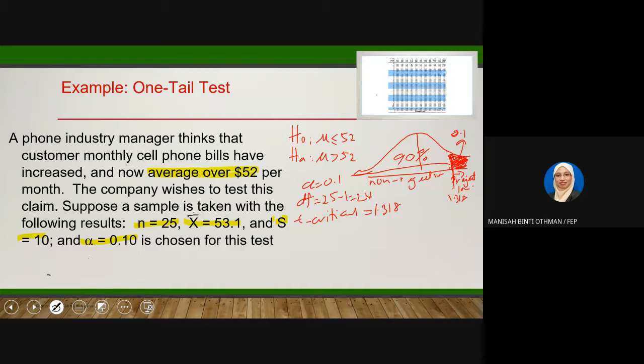All right. First, to determine whether to reject or not reject, you have to calculate t. So t equals x bar minus mu divided by s per root n.